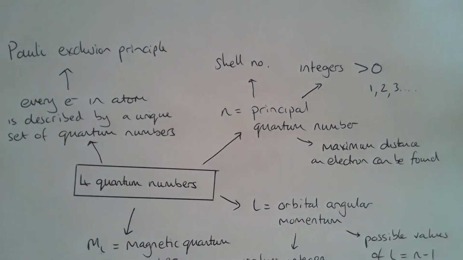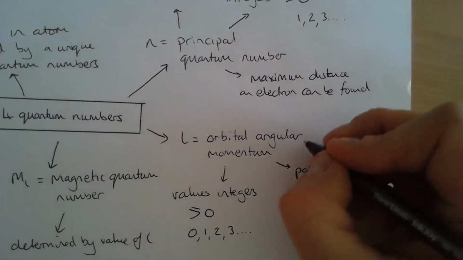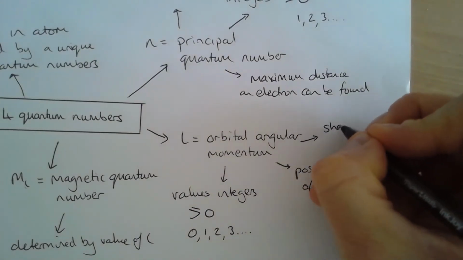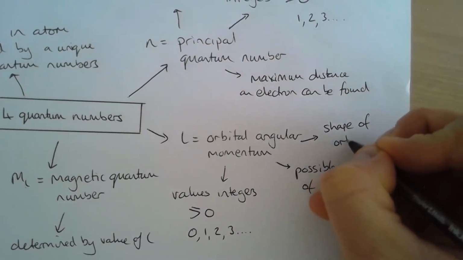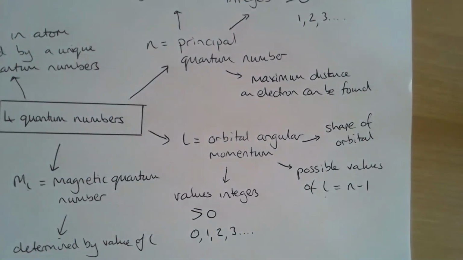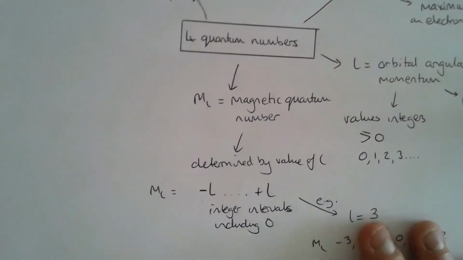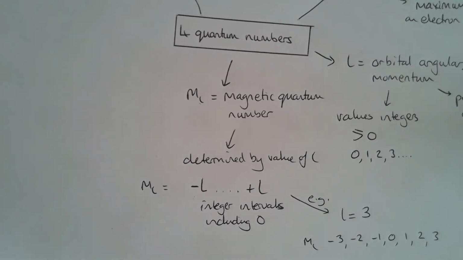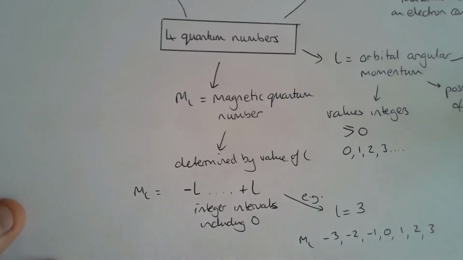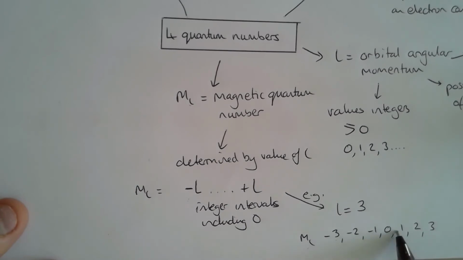The orbital angular momentum is related to the shape of the orbital. And the magnetic quantum number values are all going to be degenerate, so they're all going to have the same energy for a particular value of L. So where we saw ml here, all of these values will have the same energy, they are degenerate.